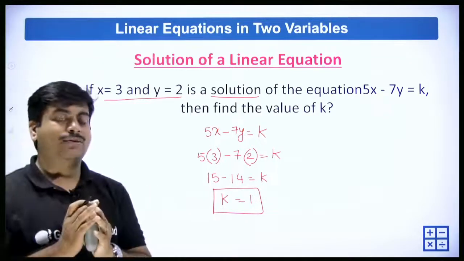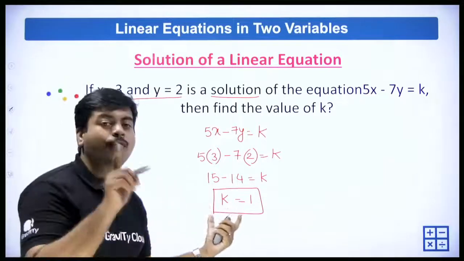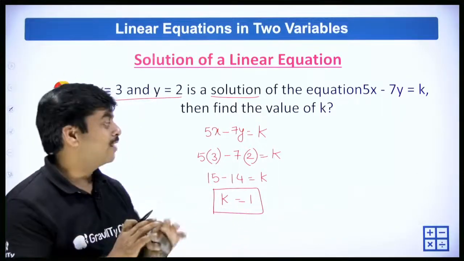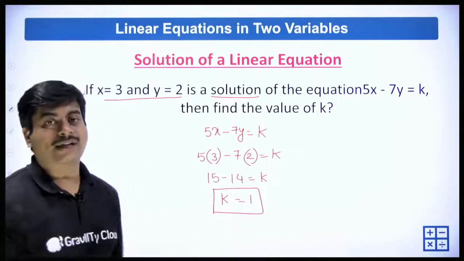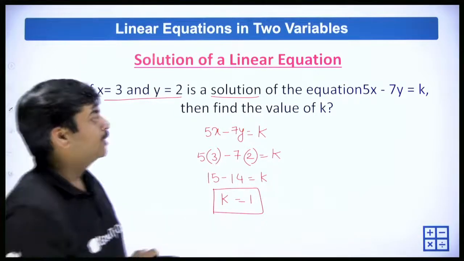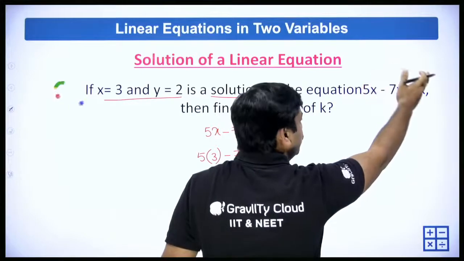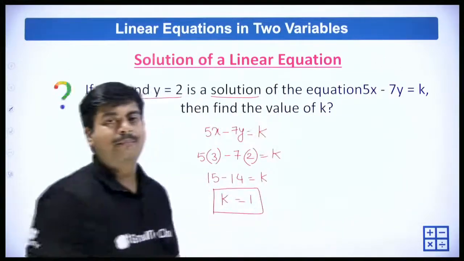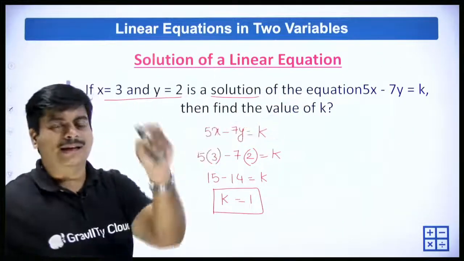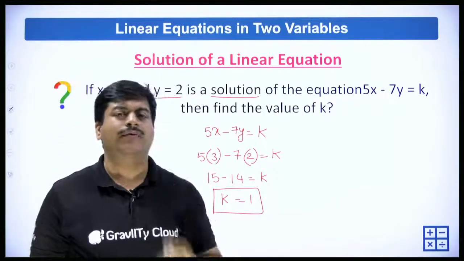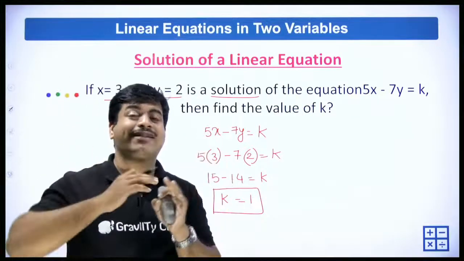And here you may see that we have only one value of k. We don't have several values of k satisfying, correct? Why? Because x is linear, y is linear. You're substituting here, you'll get only one value for k. k is linear, which means k power 1. We don't have k square or k cube.